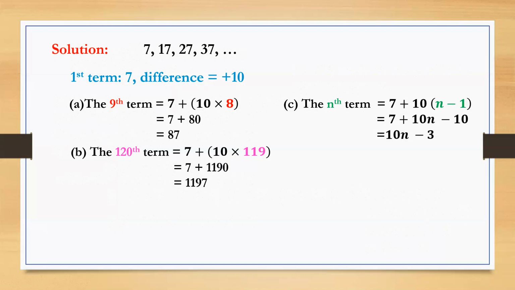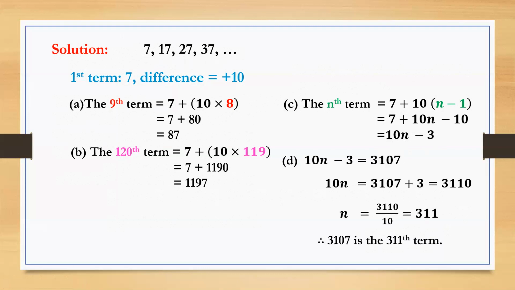So it will be 7 plus 10 into n minus 1, and simplifying, I get 10n minus 3. You can check if this expression is correct or not. So suppose I want to find the 4th term. It will be 10 times 4, 40, minus 3, which is 37. And here the 4th term was indeed 37.